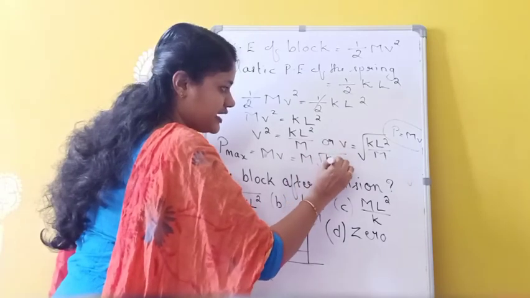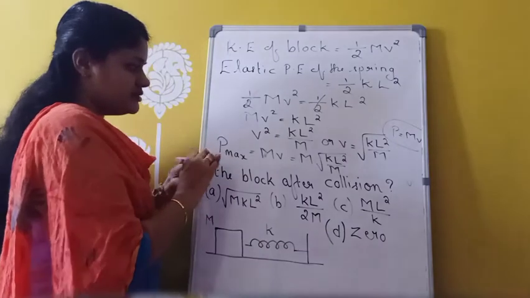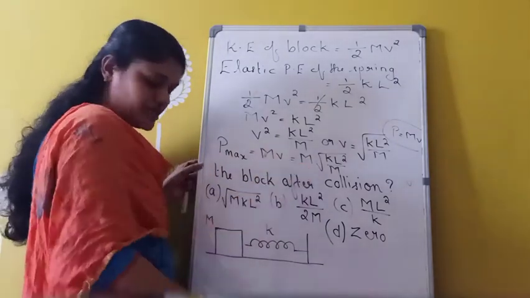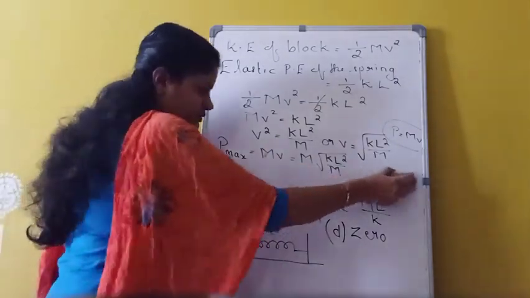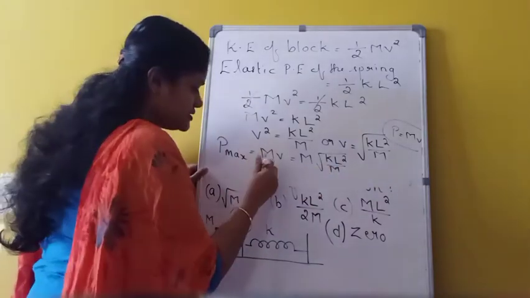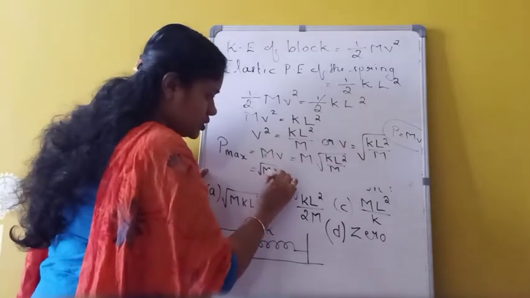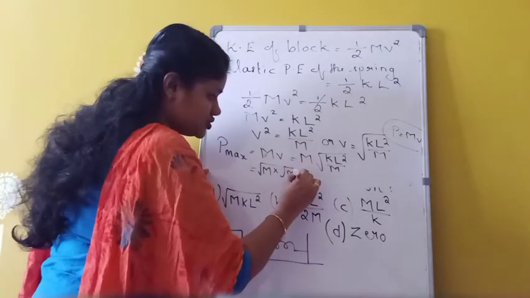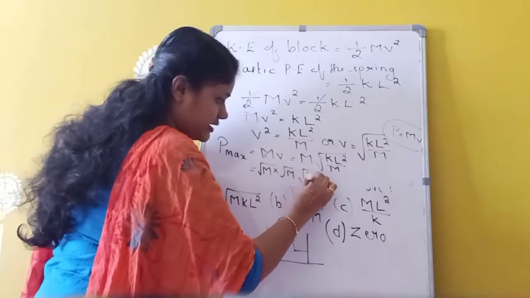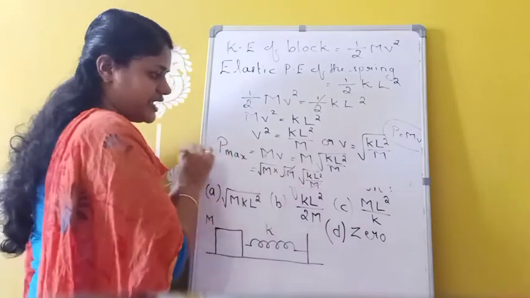Root of K L square by M. Now this M we can write as root M into root M. So instead of M, we can write root M into root M into root of K L square by M. So one root term and one root term cancel.